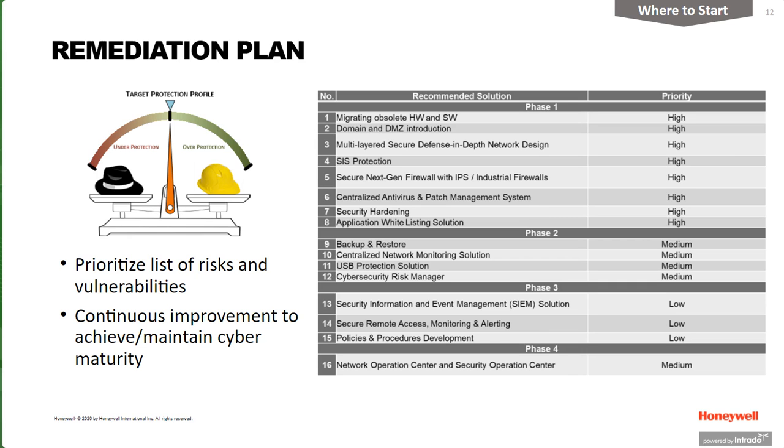Have a centralized patch management system, and you make that phase one, because those are high priority, basic fundamental things that you need to be thinking about. Then you go into the medium priority ones and low priority ones over time. So that way you're taking a bite off some of the high priority things and protecting yourself more immediately. So that's the where to start of the first part of the ABCs.